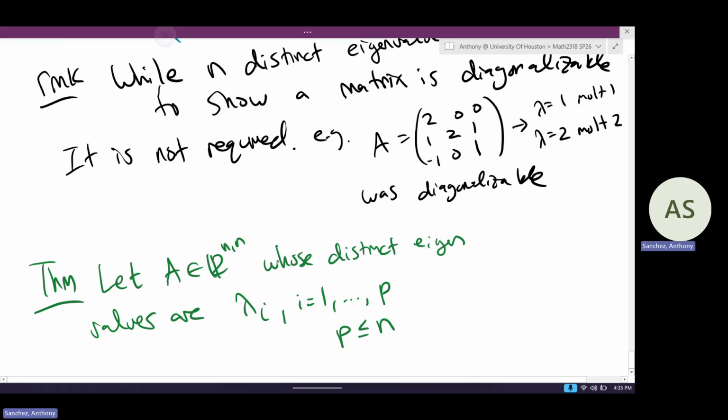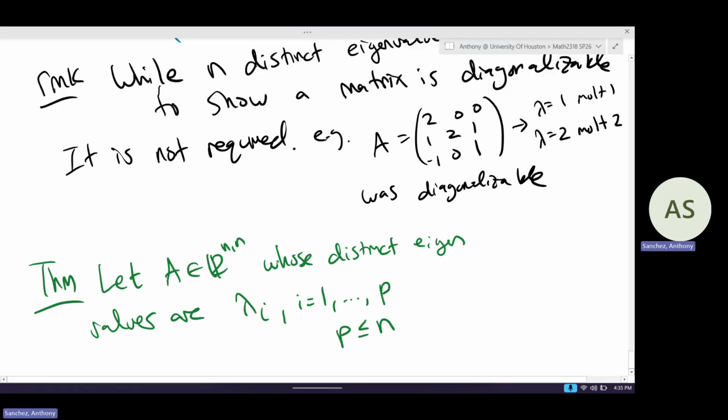All right, so just so you have in your mind an example of this, I want you guys to think about this example right here. I'll just write it all again.